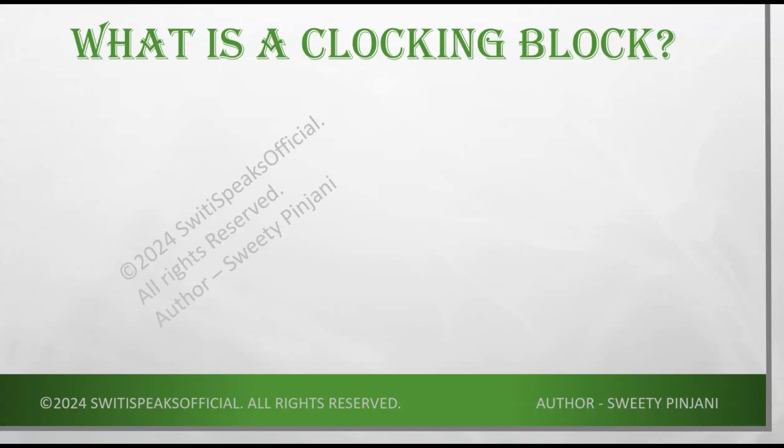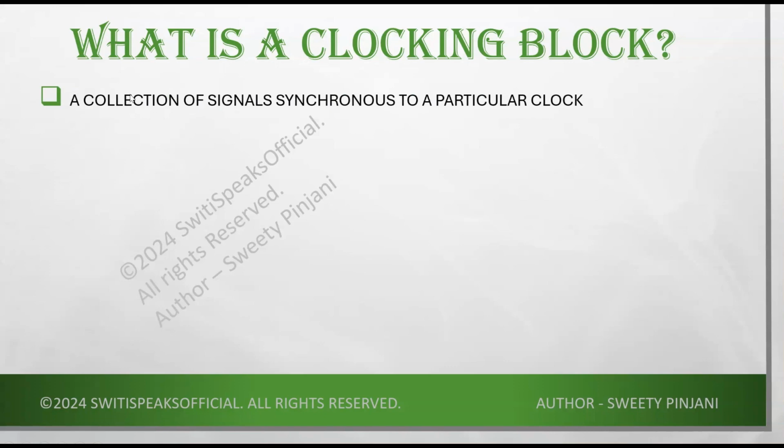First, we will start by understanding what is a clocking block. Clocking block is basically a collection of signals which are synchronous to a particular clock. All the set of signals which will be synchronous to a particular clock are going to be present inside your clocking block.